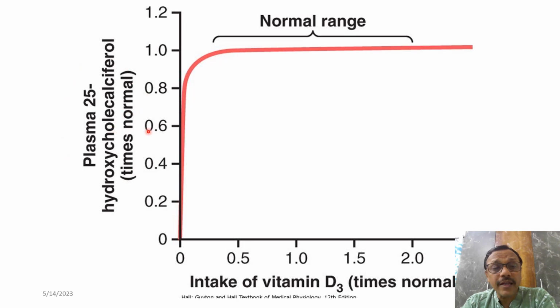Once this is formed, it can work for only a few weeks. So if you take a large amount of vitamin D3, it is stored within the liver for many months, and when required, this D3 is again converted into this form.